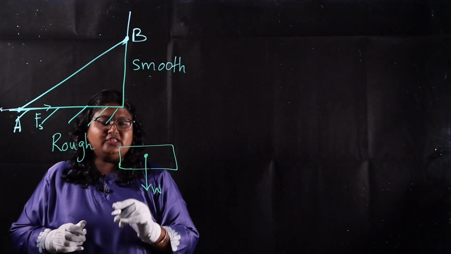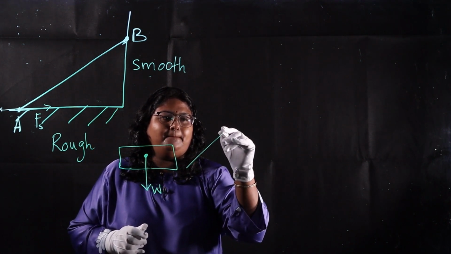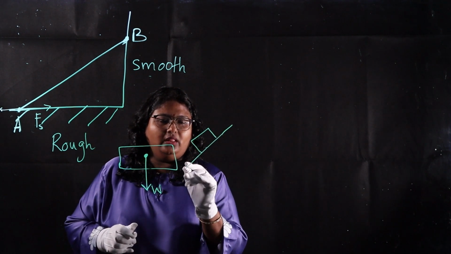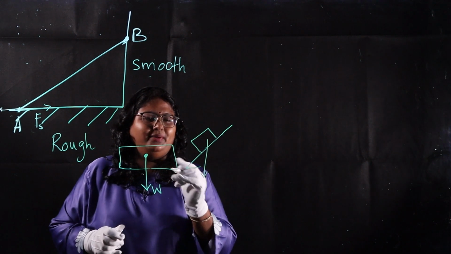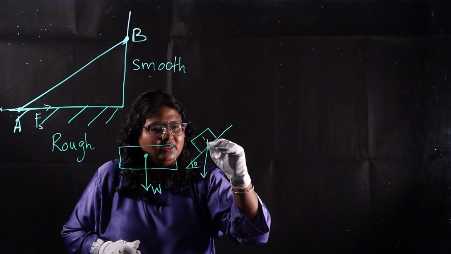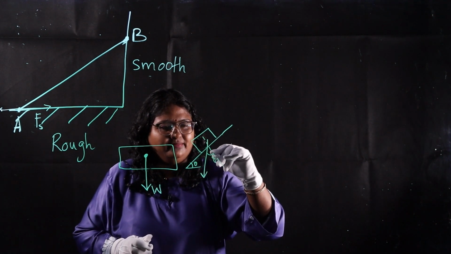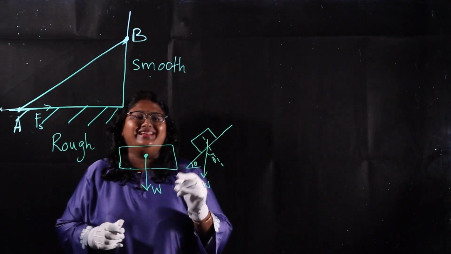Let's say we put this object on an inclined plank. For example, this is the object; the weight will incline according to the plank's inclination, with the same angle as the surface of the inclination, the same theta here. I think we already learned this before.